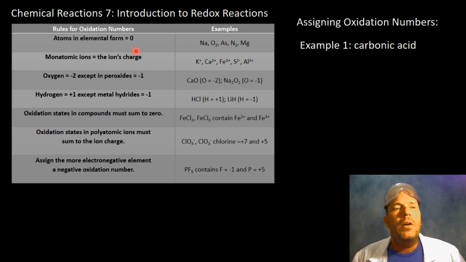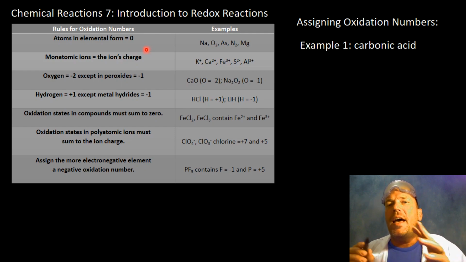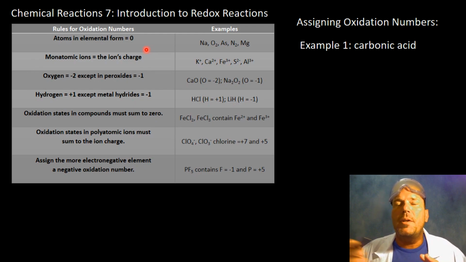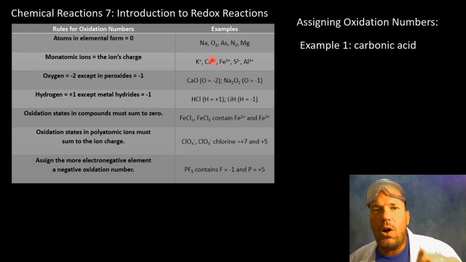All right, so when a species is in its elemental form, its oxidation number, which is synonymous with oxidation state, the number that is being assigned, is 0, okay? Monatomic ions, you're going to match the ion's charge.